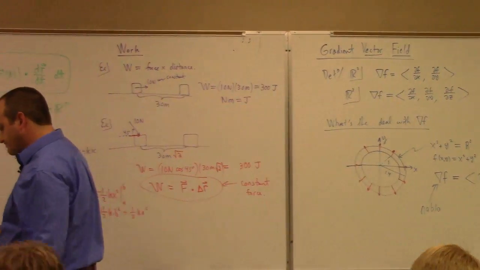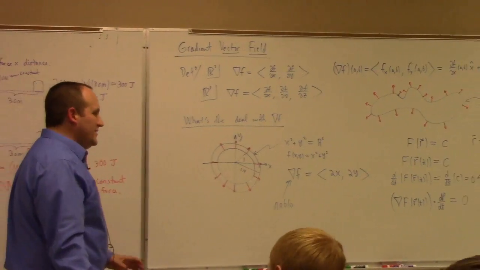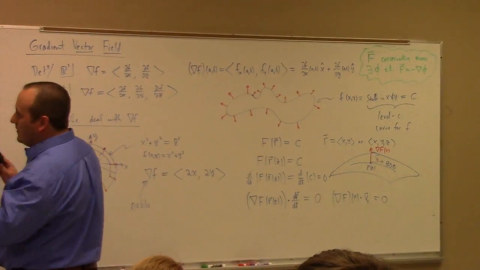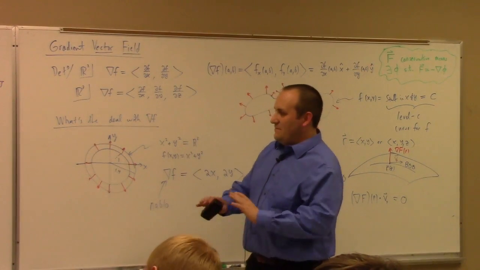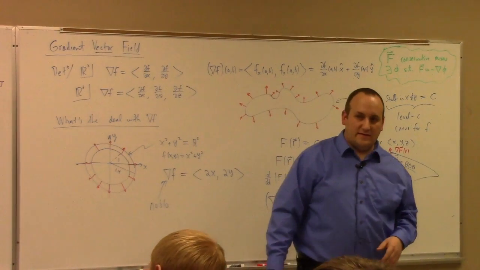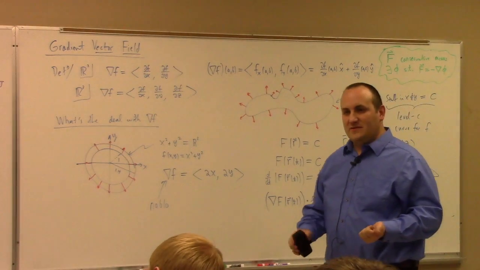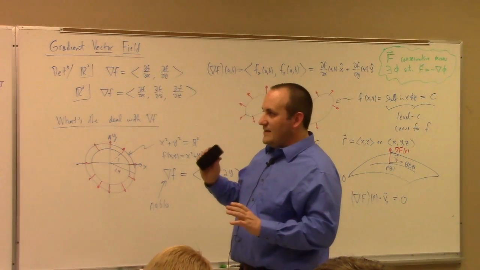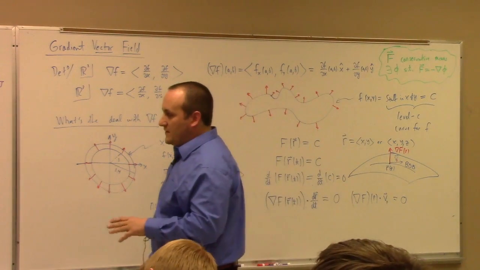All right, so now, calling this work and saying it has something to do with physics doesn't make a bit of sense until we do the derivation I'm about to do. Once I do it, all of a sudden calling this thing work and attaching it to physical motion starts to make sense.